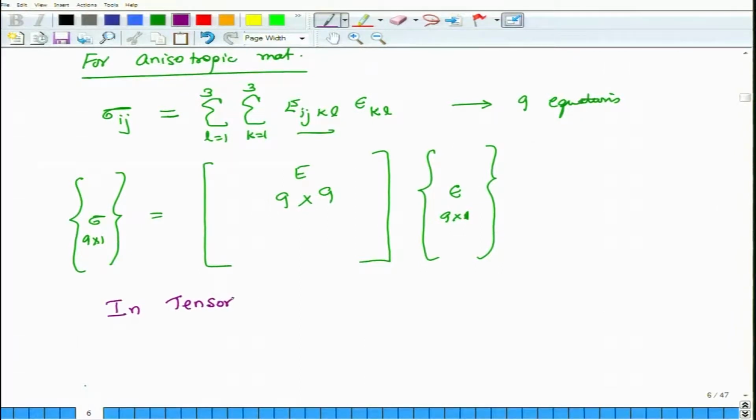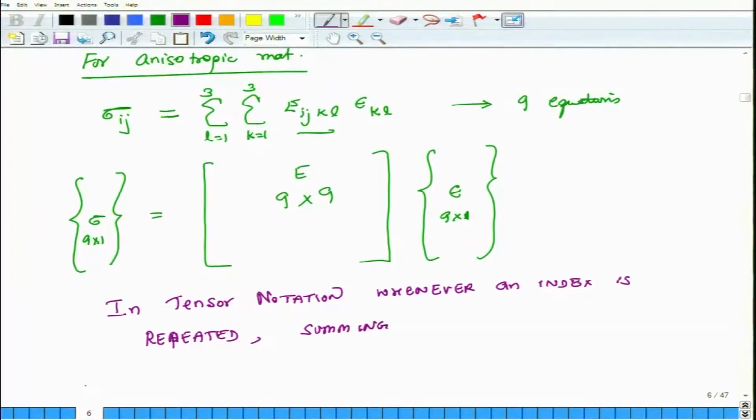In tensor notation, whenever an index is repeated, summing is implied.